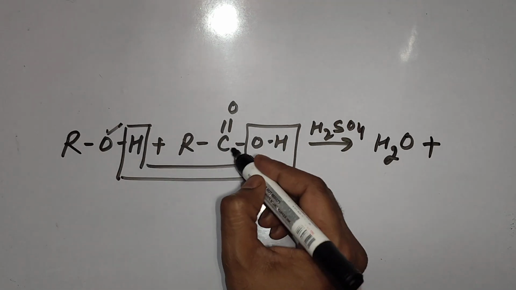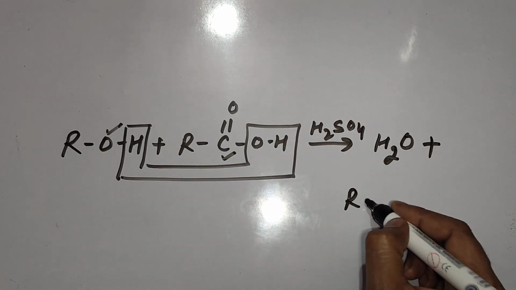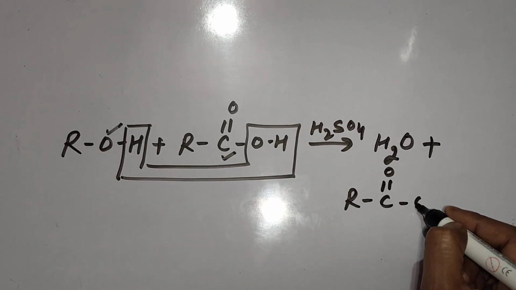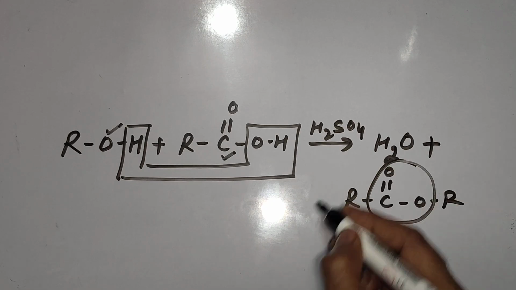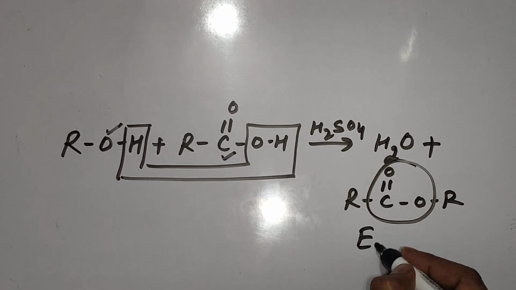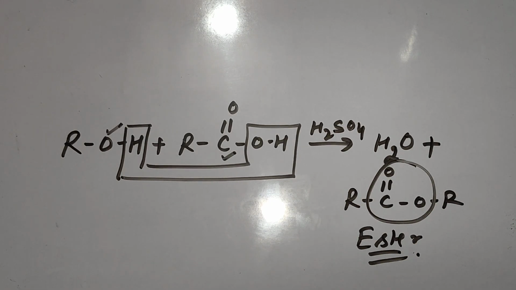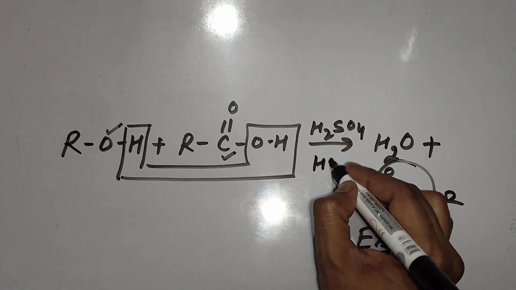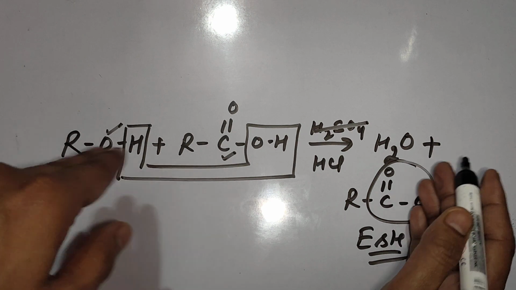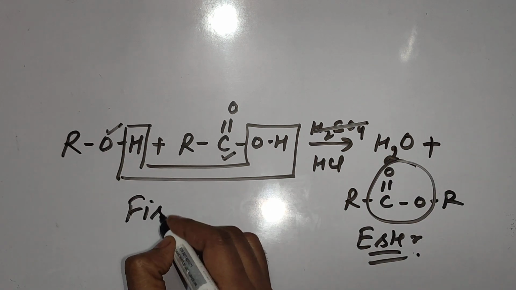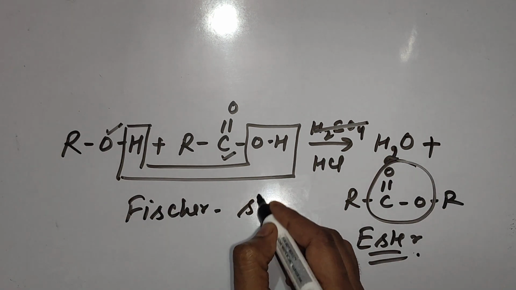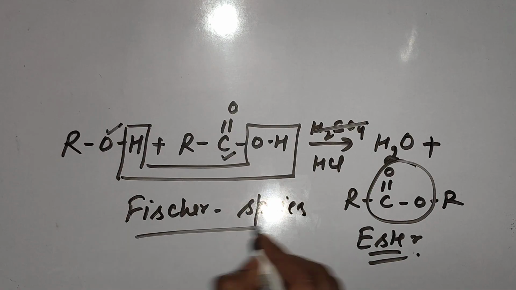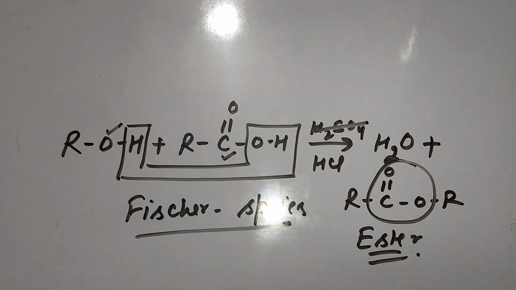Now this oxygen will combine with this carbon in this fashion, and you can check this is the functional group of ester. And if you are using HCl, not H2SO4, it becomes the name reaction which we call Fischer-Speier esterification. Now let's check the mechanism of this reaction.